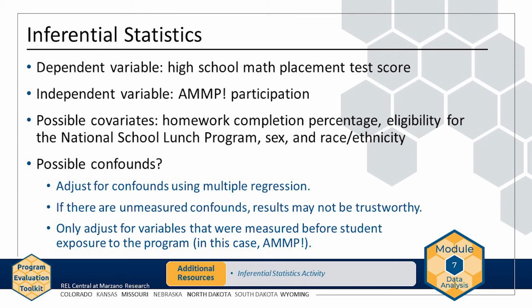In the AMP example, homework completion percentage is measured after students start to participate in AMP. Therefore, you should not include this variable in the regression analysis. On the other hand, if homework completion percentage were measured in the year before AMP began, it would be fine to use that variable in the regression equation.